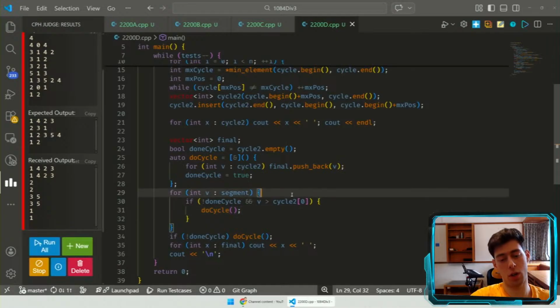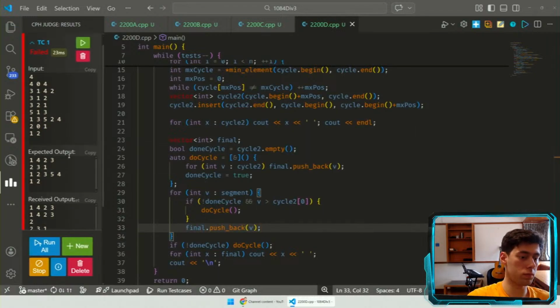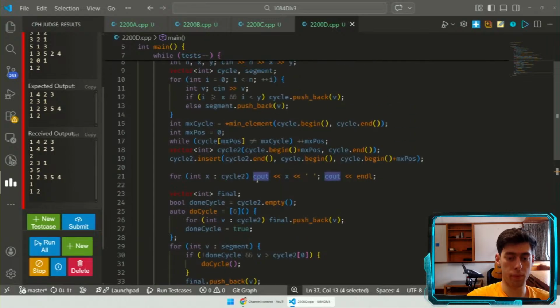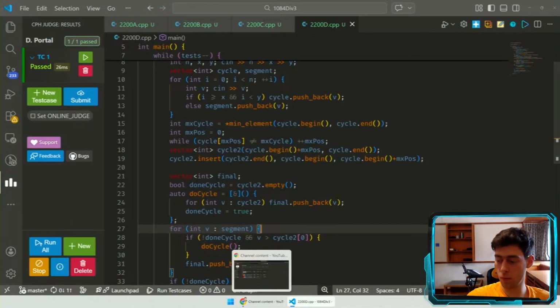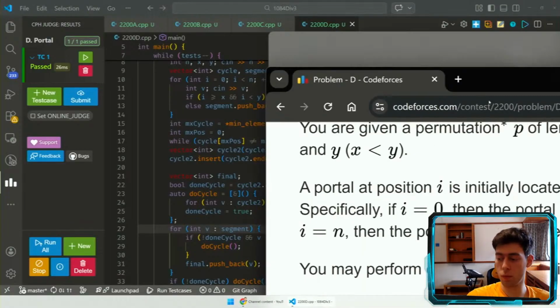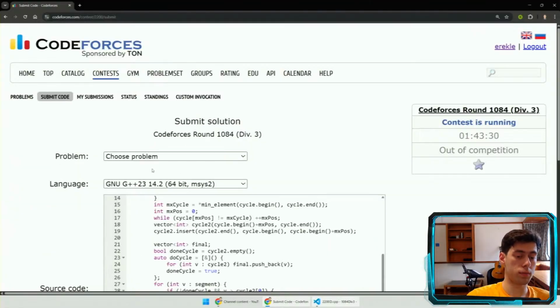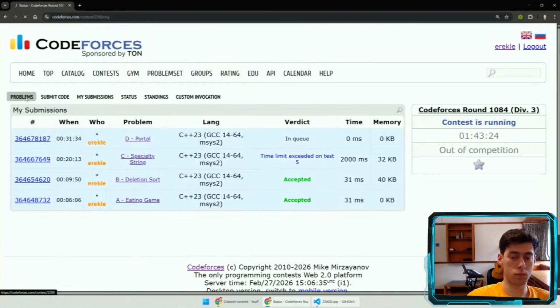Oh, I'm never pushing it. Okay. Oh, what?